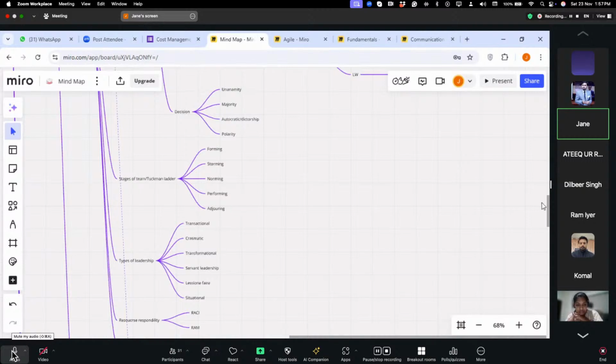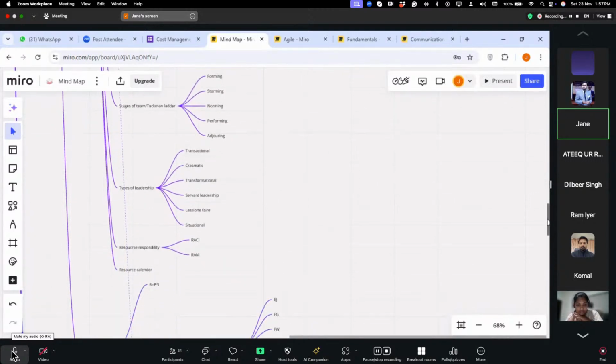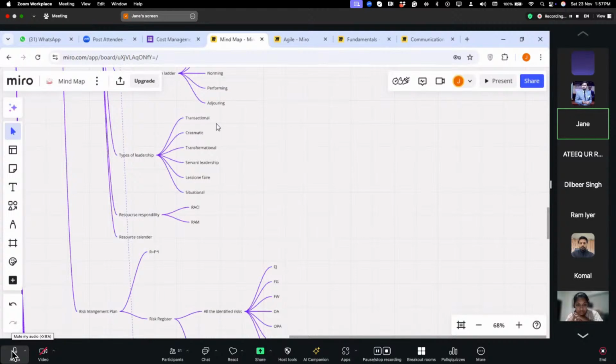So there are different types of leadership: transactional, charismatic, transformational, servant leadership, laissez-faire, and situational. And for resource availability, two ways of identifying it are RACI and RAM.